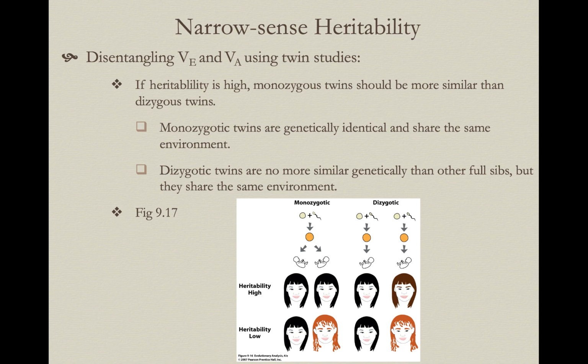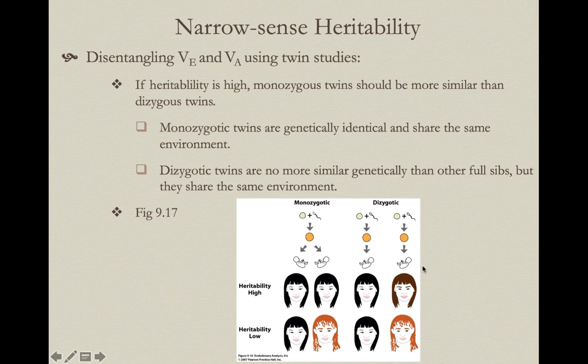If the monozygotic twins are very similar to each other, it doesn't really tell you by itself whether there's an environmental versus genetic component. But if you look at dizygotic twins raised in the same environment and there's a difference, that's telling you that there's heritability associated with that. They're different because they got different genes.